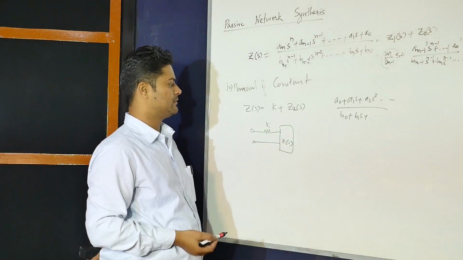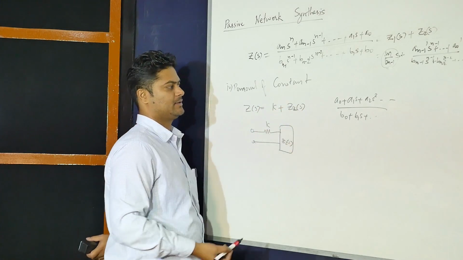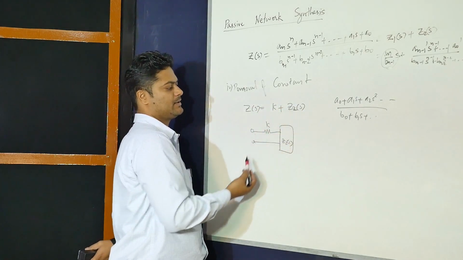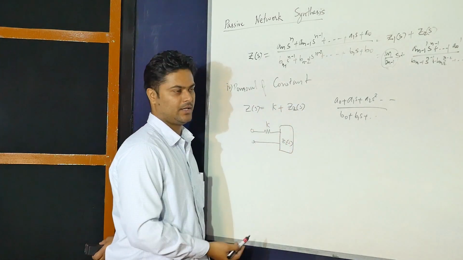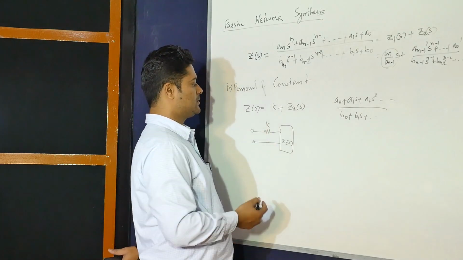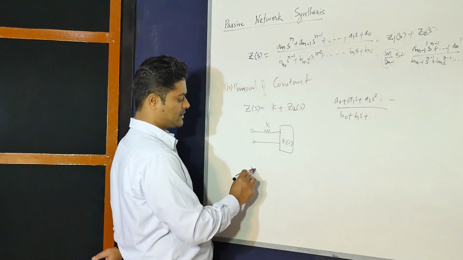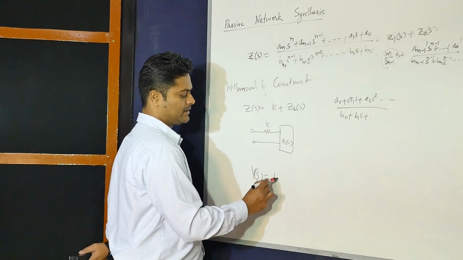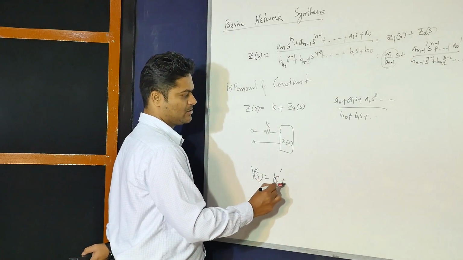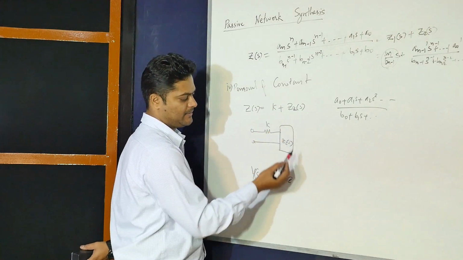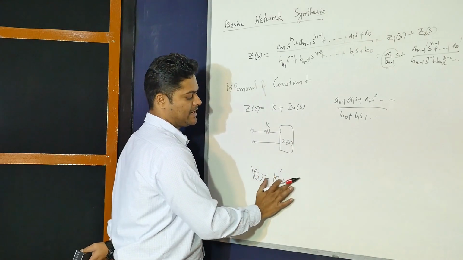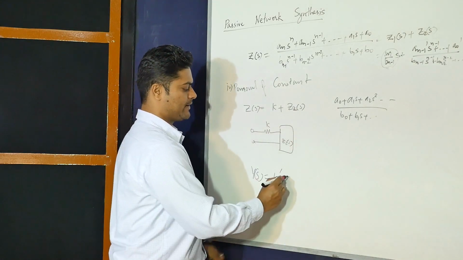This is a single port. Removal of a constant from the equation, so z of s will not have this constant k when compared to z. If the given equation itself is y of s, then I can write some k dash. I don't want to confuse you with this k. So k dash plus y2 of s.